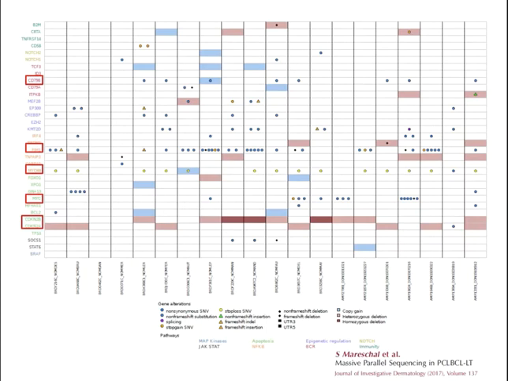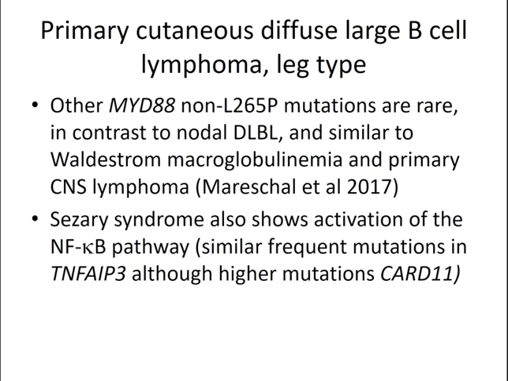In the skin, in the primary cutaneous diffuse large B-cell lymphoma, you have the MYD88 and actually the beauty of this is that the non-L265P mutations are rare. And that makes this different from the nodal diffuse large B-cell lymphoma. And actually put it from the genetic point of view closer to the primary CNS lymphomas than to the nodal diffuse large B-cell lymphomas. So again, there is something unique about the lymphomas in the skin.